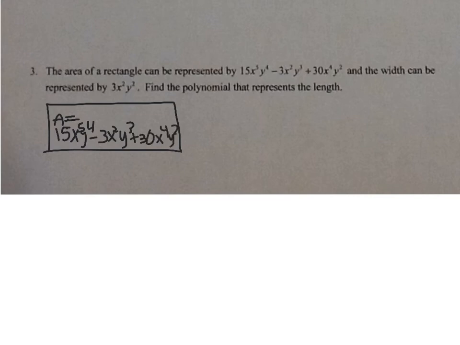And then they give you the width. They give you this piece here, 3x squared, y squared. And we need to find this piece. We need to find the length. Okay, so let's also write that down. So what I want to do is I want to find the length.